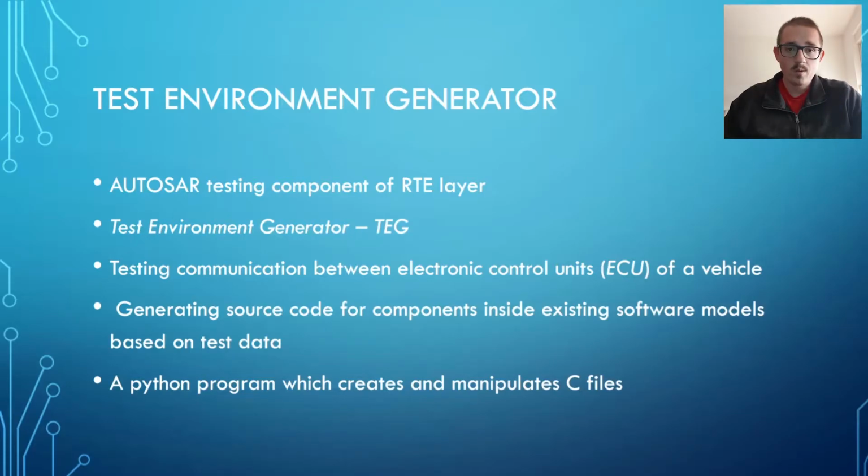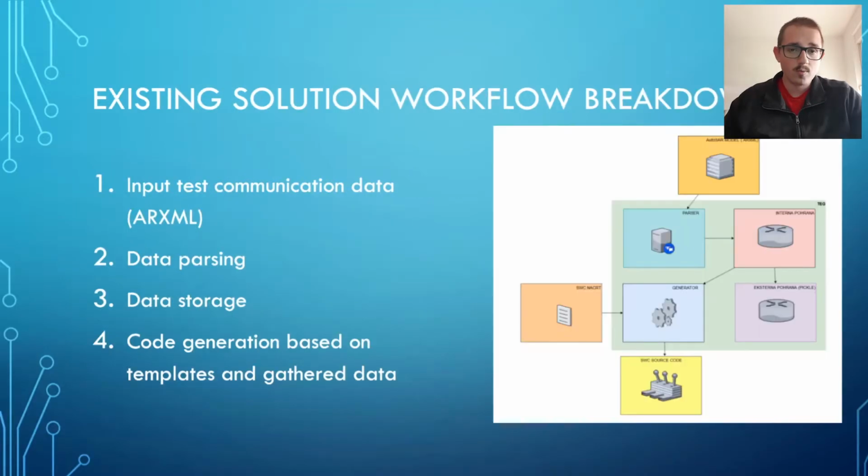The solution we are looking at in this paper is a Python program which creates and manipulates C files, meaning that it takes input data from ARXML files and creates software components which are then used to build and flash. So we have the input test communication data, or ARXML, which goes in, which is then parsed, collected, and put into a sort of hierarchical structure in Python code represented by Python objects.